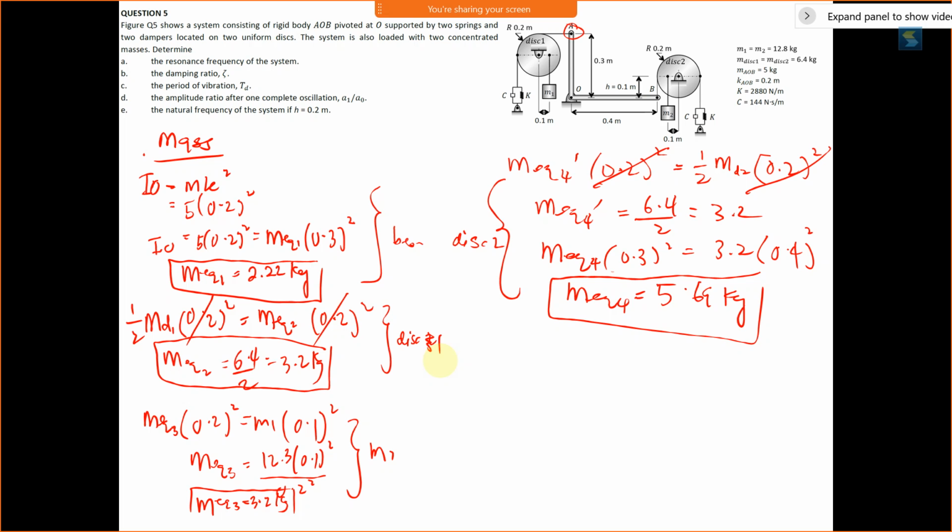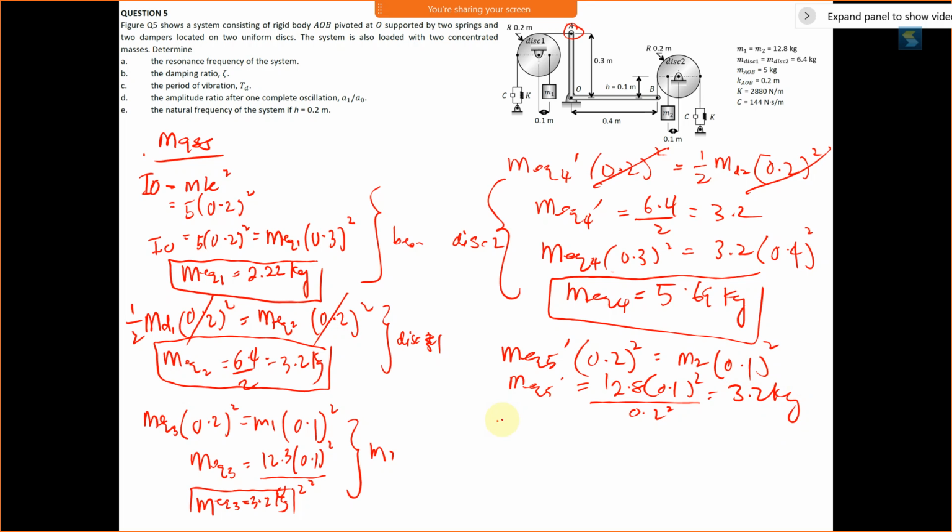Okay. And last one, for M2, again we do M equivalent 5 prime times 0.2 square equals M2 times 0.1 square, which is M equivalent 5 prime equals 12.8 times 0.1 square divided by 0.2 square equals 3.2.